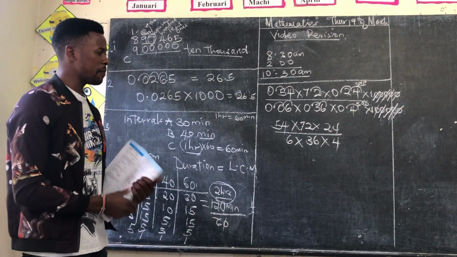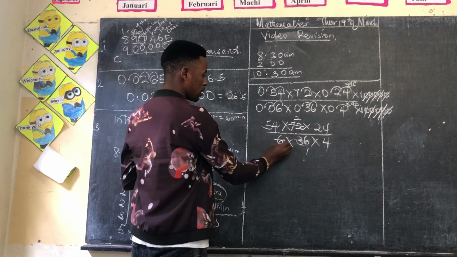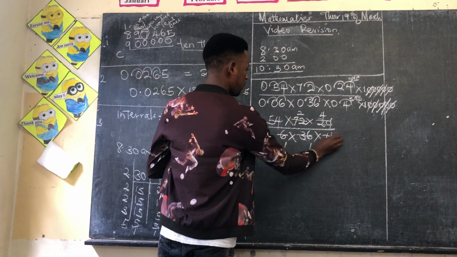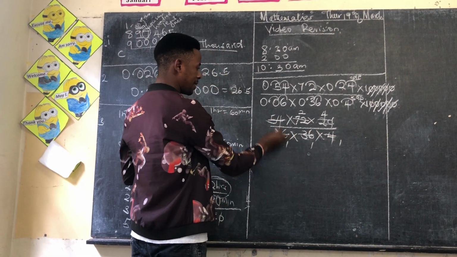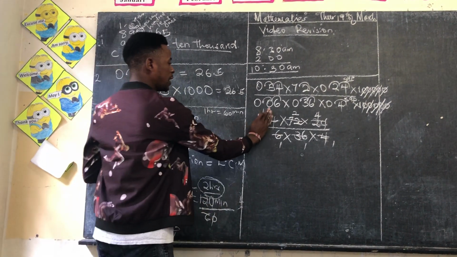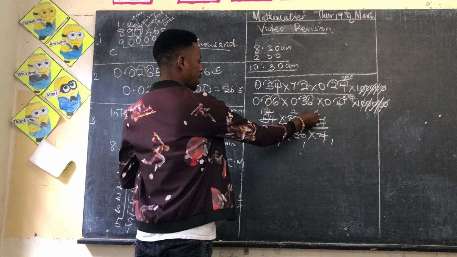And then you simplify by cancelling: by 36, 1; by 36, 2; by 6, 1; by 6, 4; by 4, 1; by 4, 16. Sorry, 14. So this gives you 14 times 2 times 4.